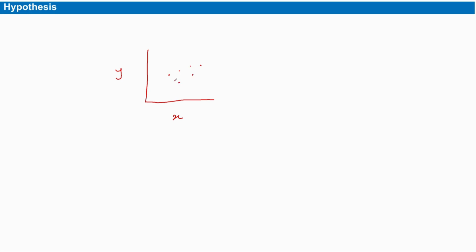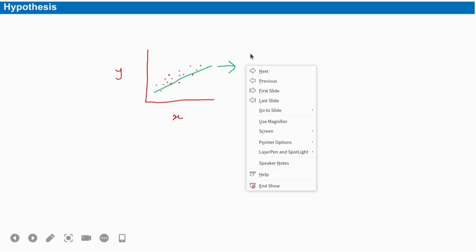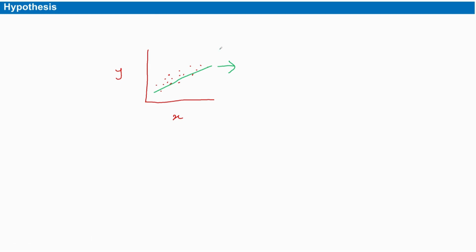Linear regression will try to find the best suited linear line, so that the difference between the predictions and the actual labels is minimum. This linear line can be represented as a linear equation.